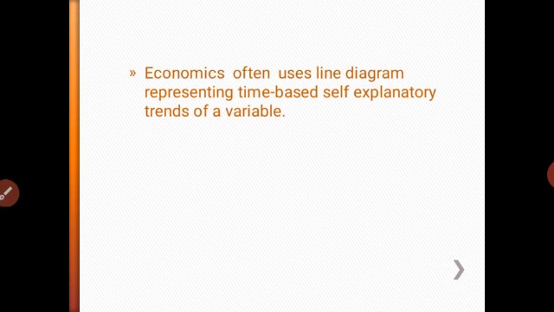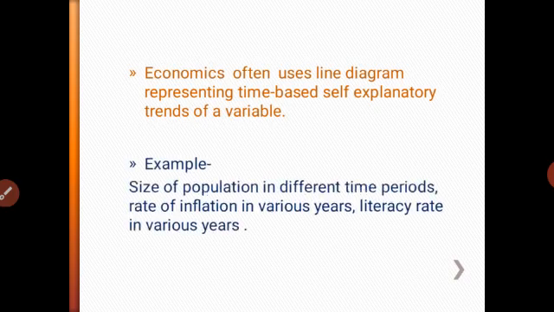Economics often uses line diagrams representing time-based self-explanatory trends of a variable. This diagram is shown on the basis of time and can also be made from self-explanatory data. It is not compulsory to use proper data; created data is also used in these types of diagram.